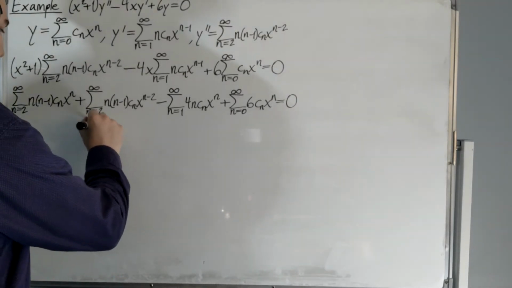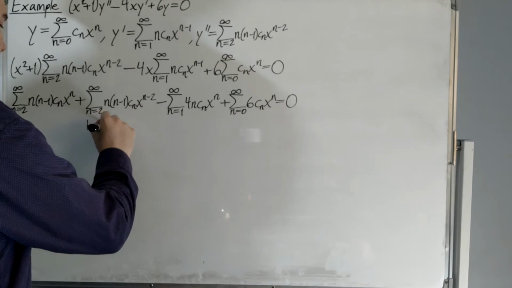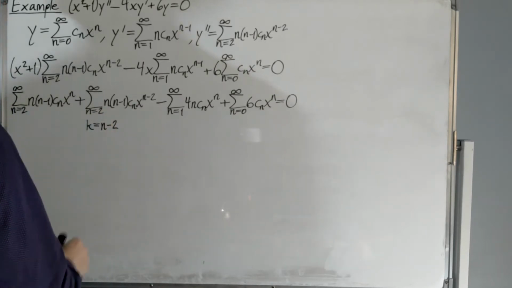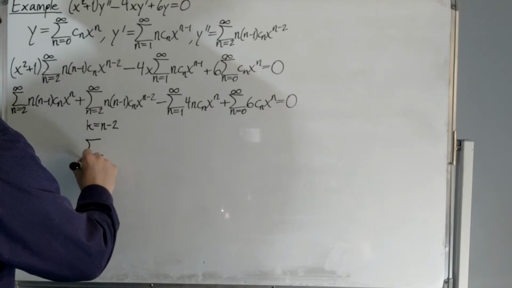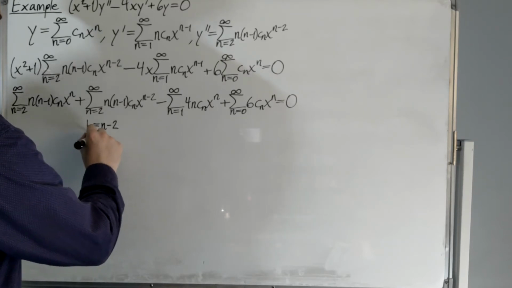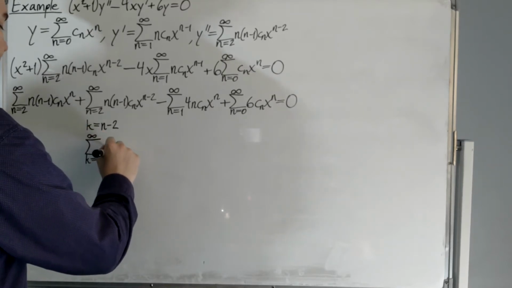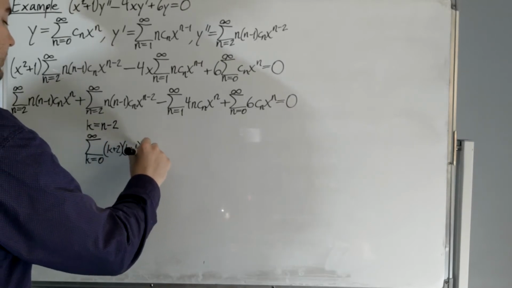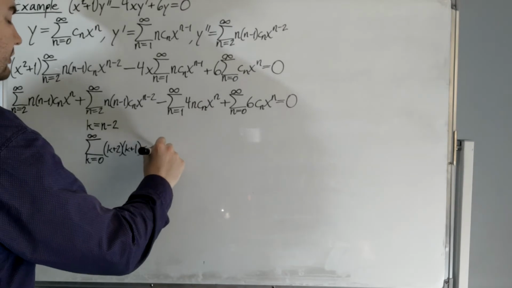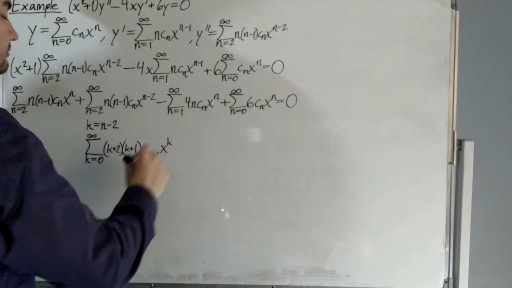We'll say k equals n minus 2, in which case this particular series becomes the sum from k equals 0 to infinity of (k plus 2)(k plus 1) c_(k plus 2) x to the k.